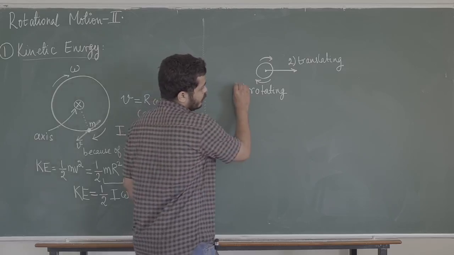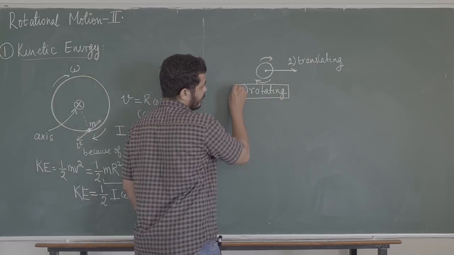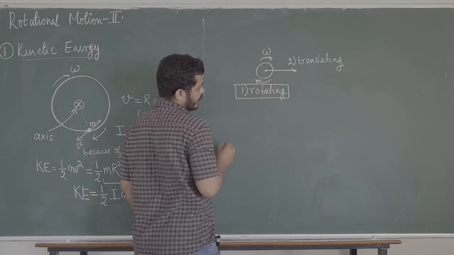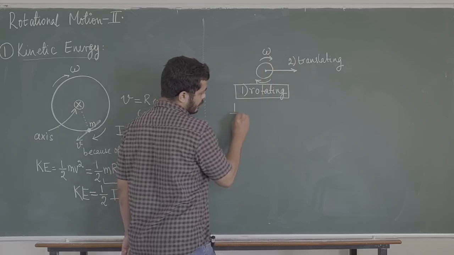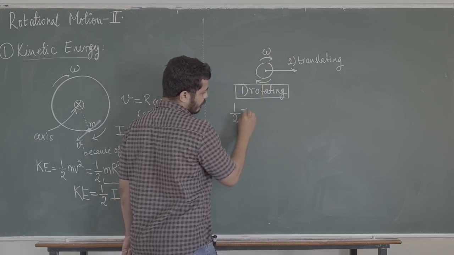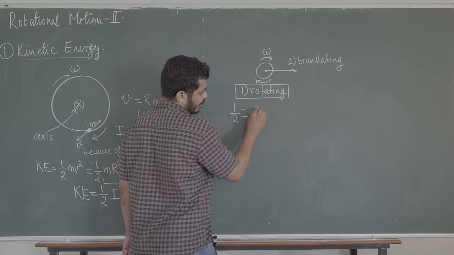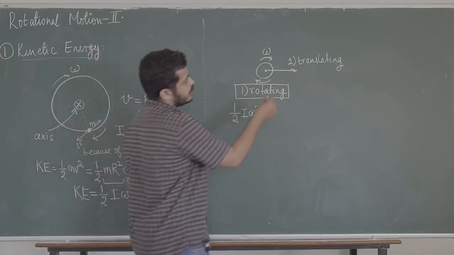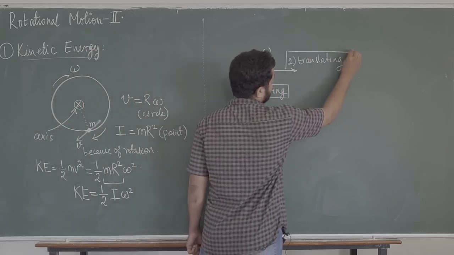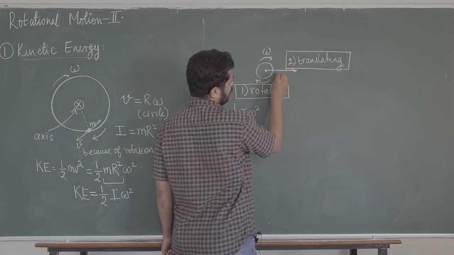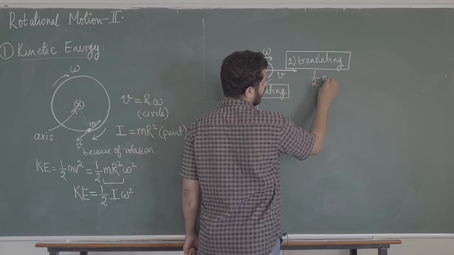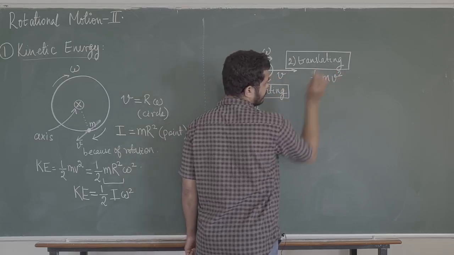Kinetic energy of rotation depends upon rotation only. If the rotation is at the rate of omega, then because of rotating, the kinetic energy will be equal to half I omega squared. And because the particle is translating with velocity v, that will be equal to half m v squared.